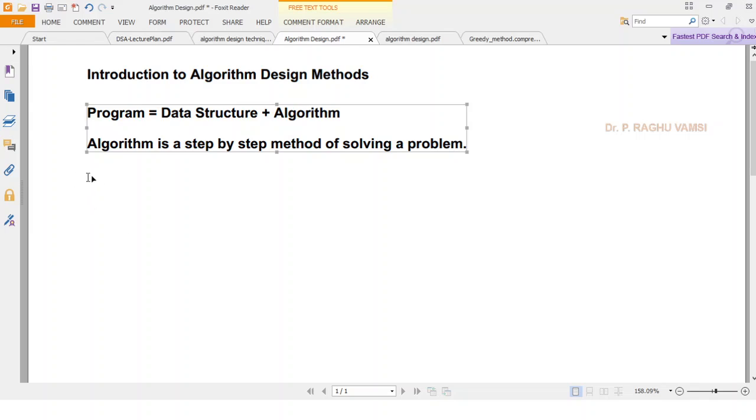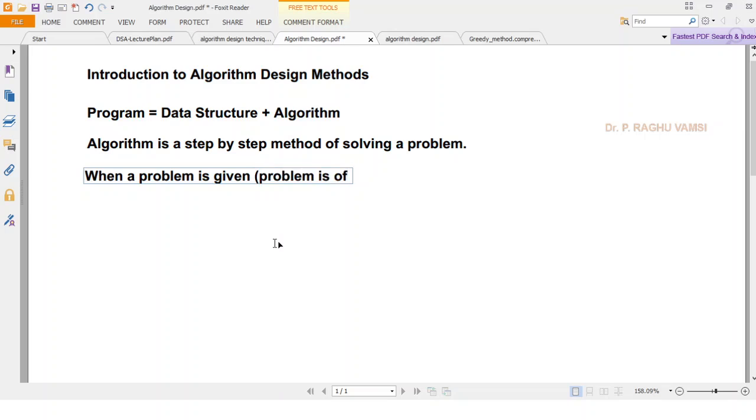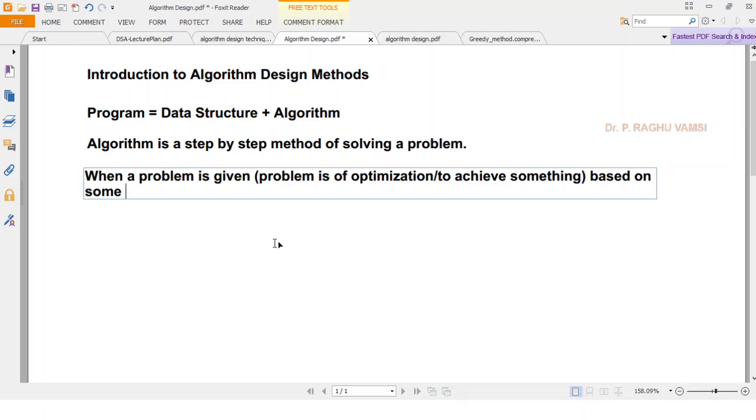So whenever a problem is given, usually the problem is an optimization problem or to achieve something based on some conditions.